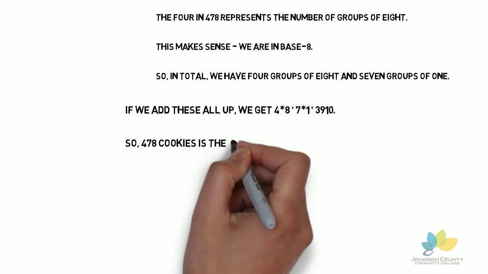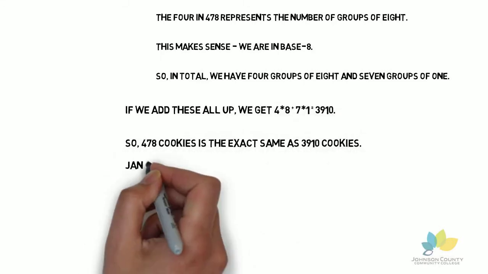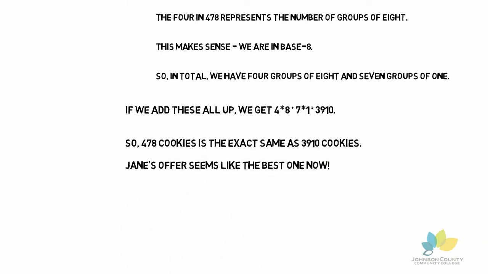If we add these all up, we get 4 times 8 plus 7 times 1, or 39 cookies in base 10. So the 478 cookies is the exact same as 39 cookies. Jane's offer seems like the best.